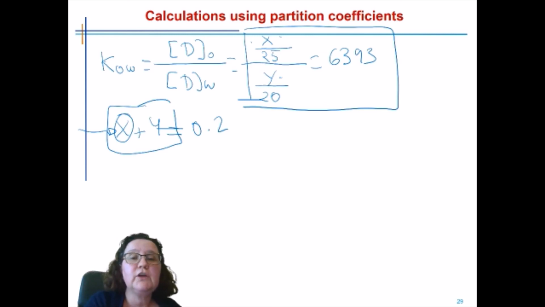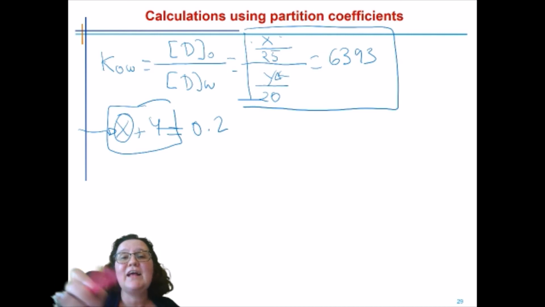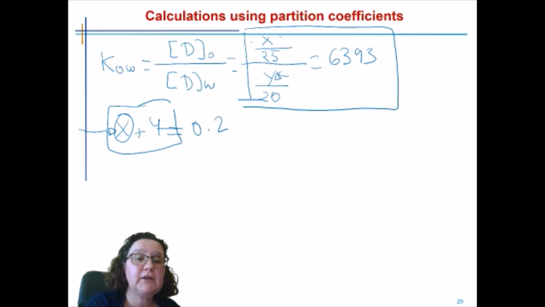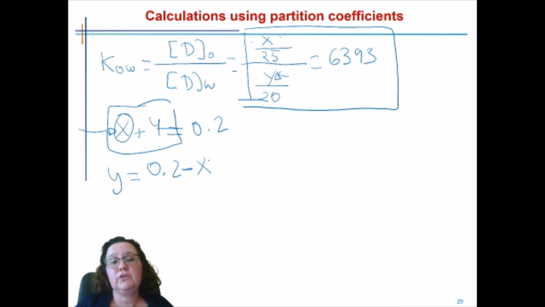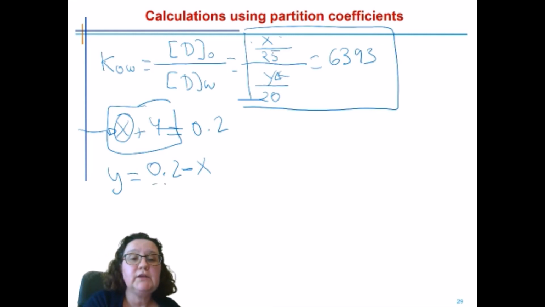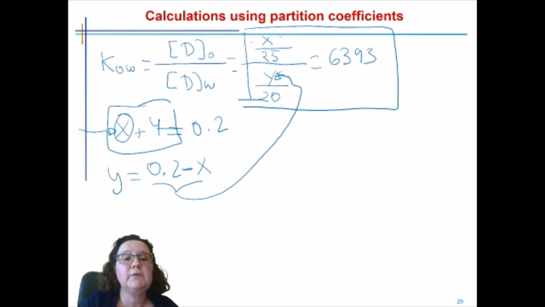I'm going to get rid of the Y in this equation and leave everything as X. So I write, the amount of diazinon in the water is how much I started with minus how much has gone to the octanol. So now I use my newly found equation and substitute: instead of writing Y, I write 0.2 minus X.